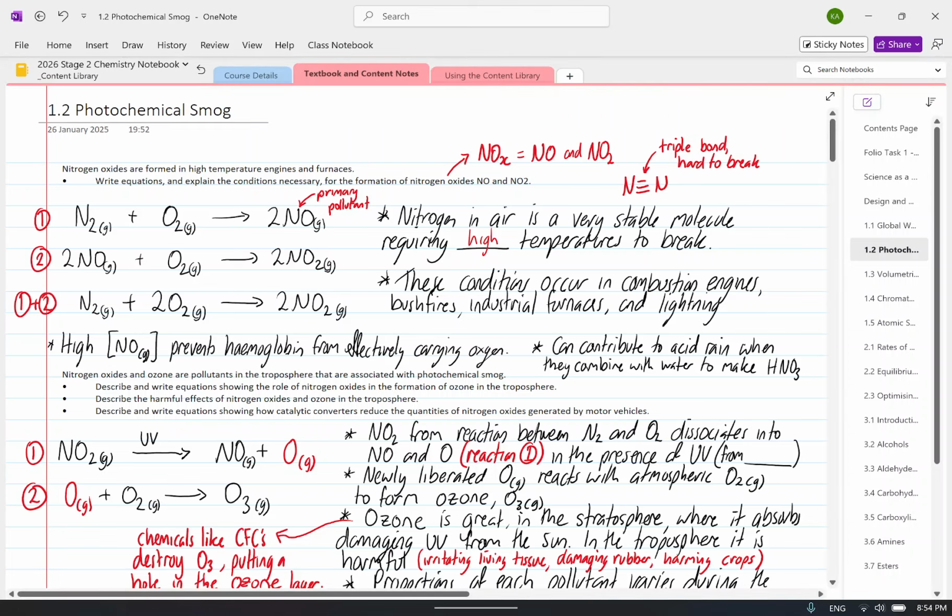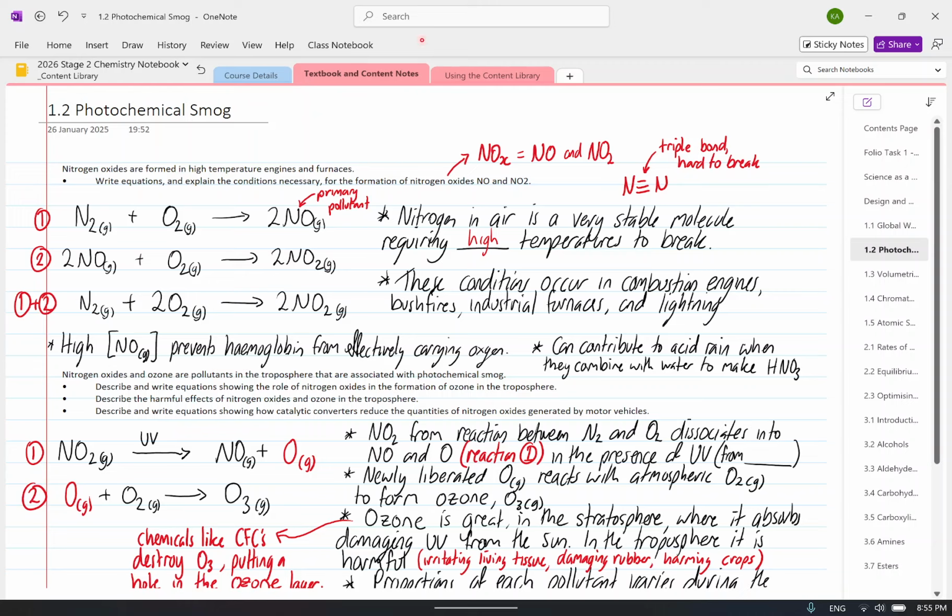Now, as such, these reactions are generally only going to happen in extreme situations. For example, inside the engines of combustion engines, inside bushfires, furnaces in factories that have very high temperatures, as well as something like lightning, where you get localized very high temperatures passing through the air where the nitrogen and oxygen are.